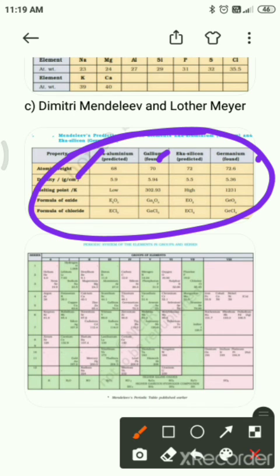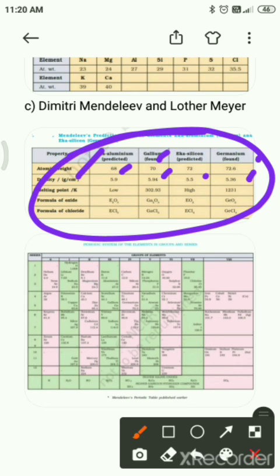The density of eco-aluminium was predicted as 5.9, and gallium was found to have 5.94 grams per cubic centimeter. Eco-silicon was predicted at 5.5, and germanium shows 5.36 density.